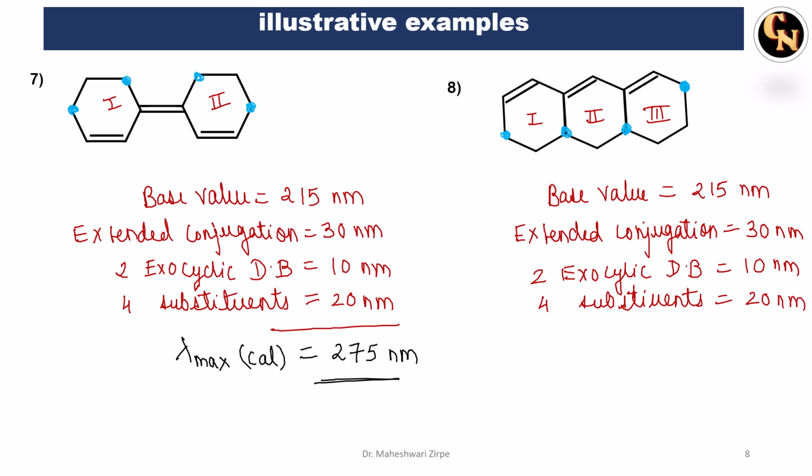Anything else? No, nothing is there. So we will calculate the lambda max value, and the calculated lambda max value comes out to be 275 nanometer. Okay, students.